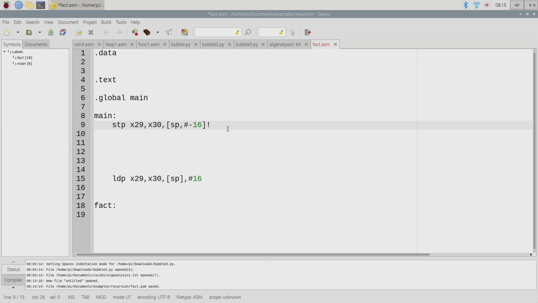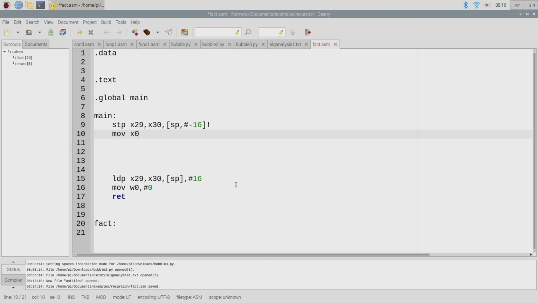Okay, so anyway, we've got to have that, and then of course, what else do we need? If we're going to call this function, we need to call it with a value in x0, or w0, doesn't matter.